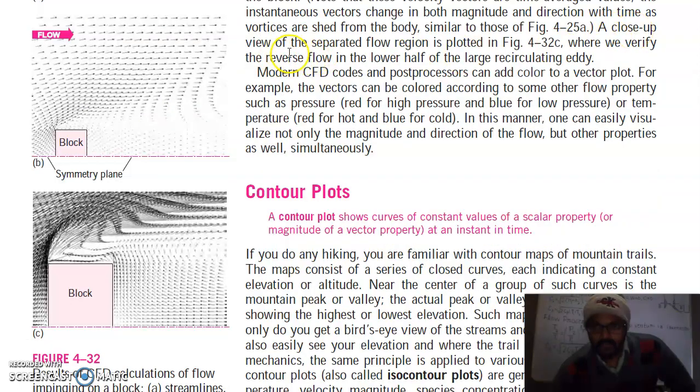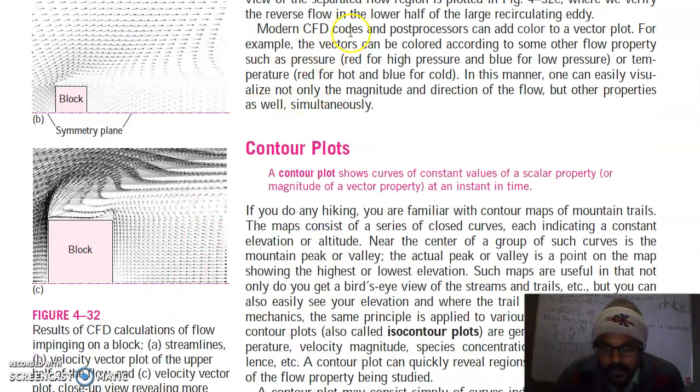A close-up view of the separated flow region is plotted in the figure here, where we verify the reverse flow in the lower half of the large recirculatory body. You can see the reverse flow here. So modern CFD codes and processors can add color to the vector plot.